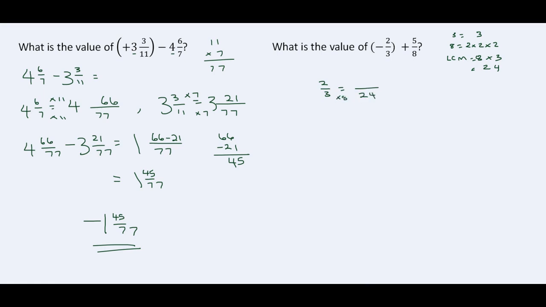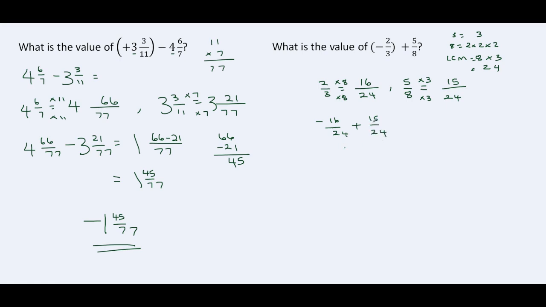We multiply by 8 here. We multiply by 8, you have 16. And then 5 over 8, we write it with a new denominator of 24. We multiply by 3. We multiply by 3. So 5 times 3 is 15. So now your question is minus 16 over 24 plus 15 over 24.